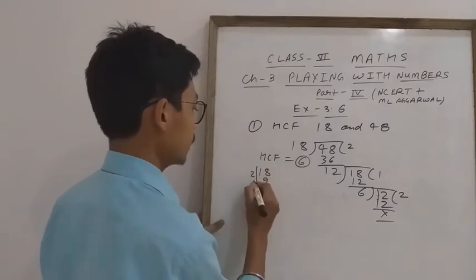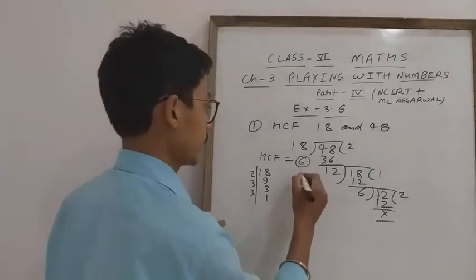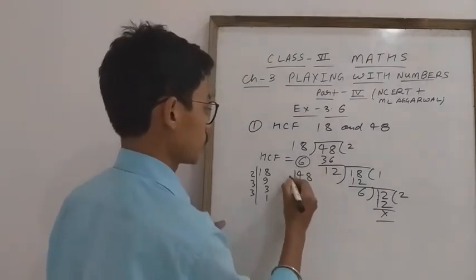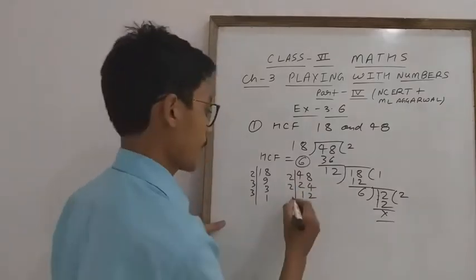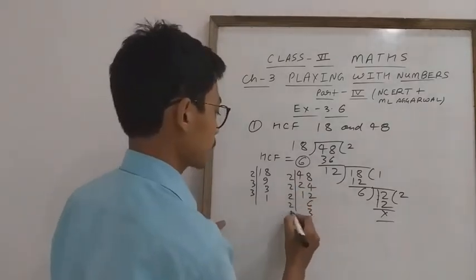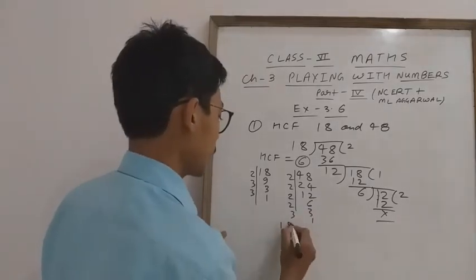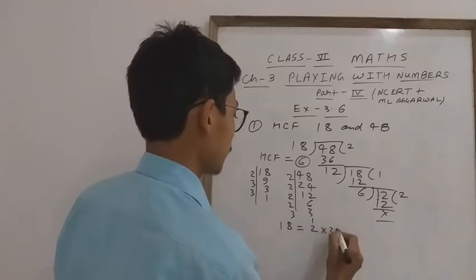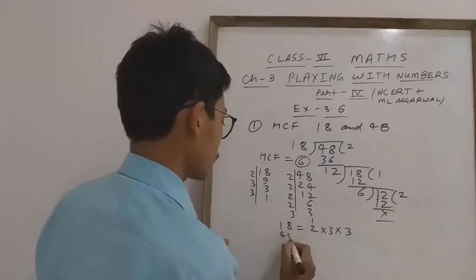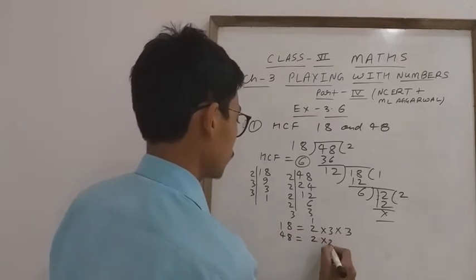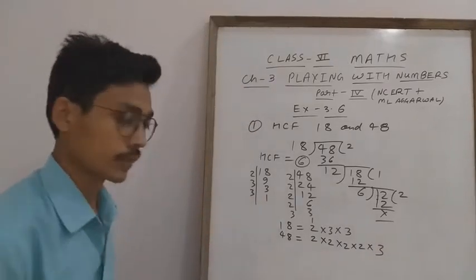If you want to do the prime factorization, you can do it like this. For 18: 2 times 9 is 18, 3 times 3 is 9, 3 times 1 is 3. This is the prime factorization of 18. For 48: 2 times 24, 2 times 12, 2 times 6, 2 times 3, 3 times 1. Clear everyone? Now 18 is 2 times 3 times 3, and 48 is 2 times 2 times 2 times 2 times 3.